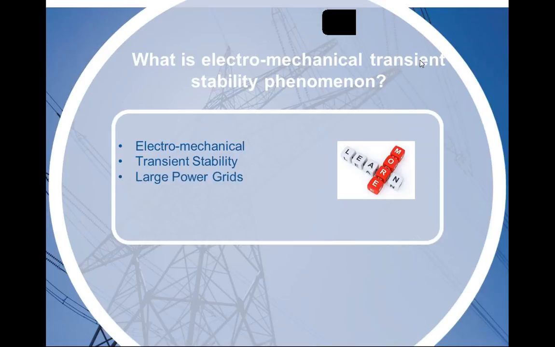In order to observe this phenomenon, and especially the instability that can result from an electromechanical disturbance, we have to study the power grid on a large scale. We have to see the system as a whole.